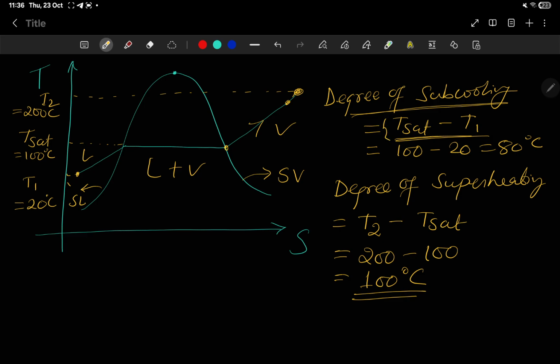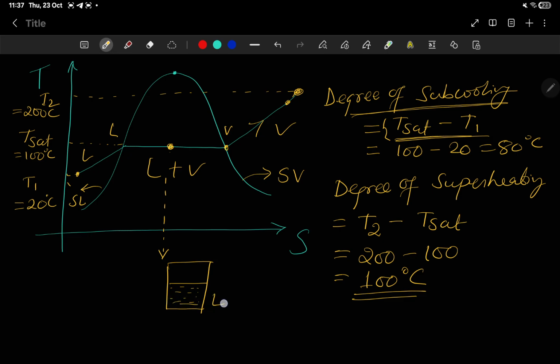Now let's explore it more. If we have some point here, this is liquid, this is vapor. At this point, what will we observe? We will observe the presence of two phases.